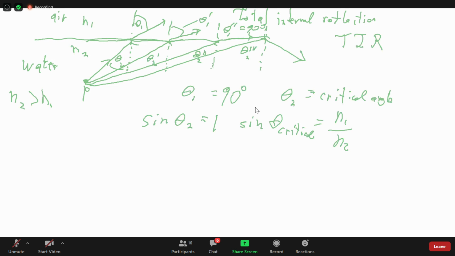Or we'll call that theta sub c, the critical angle, is the inverse sine of N1 over N2. I think the book has it reversed, or I have it reversed, but in terms of N1 and N2, this is true for N1 less than N2.